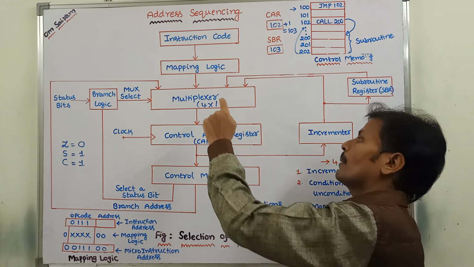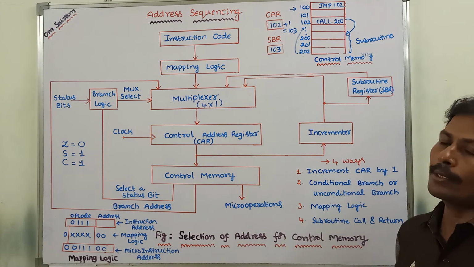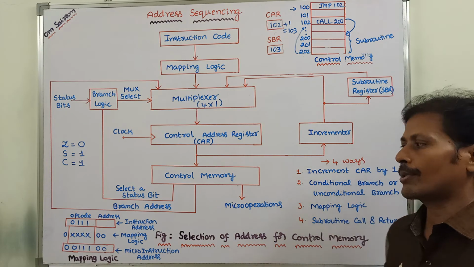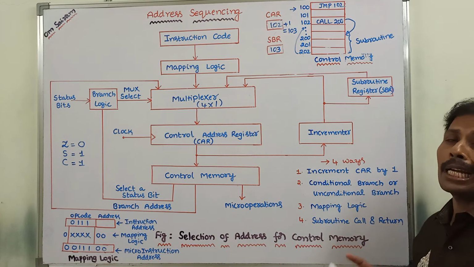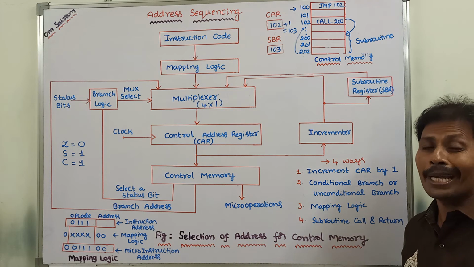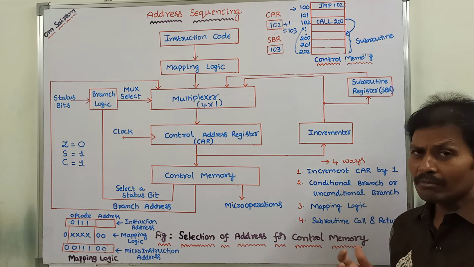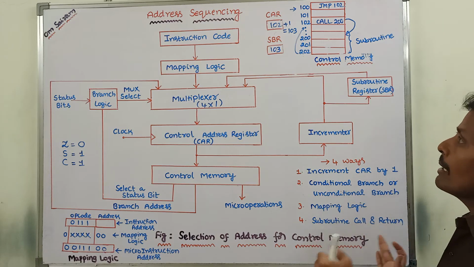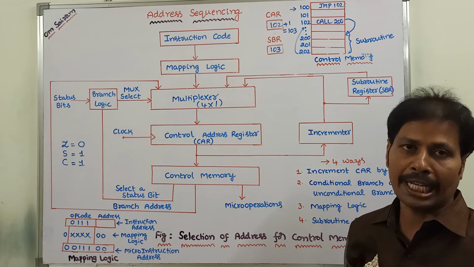Otherwise, we simply increment the content of the control address register by 1 to select the next micro instruction address. In this way, we select the next micro instruction address while executing the current micro instruction in the sequence. That is called address sequencing.